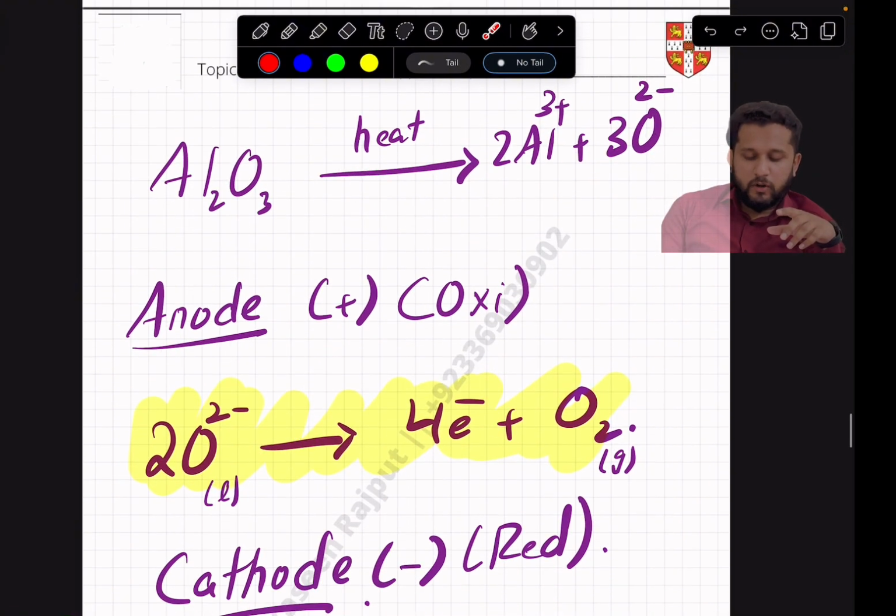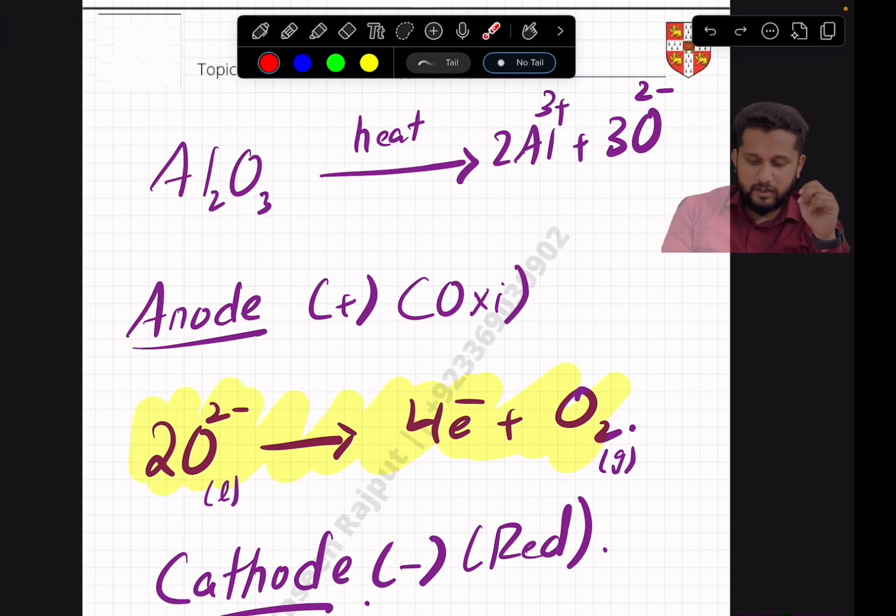Now let's talk about the anode. The anode has a positive charge, and the anode is the side where oxidation takes place. Oxide ions, being negatively charged, are attracted towards the anode. You can see that the oxide ions can lose electrons.